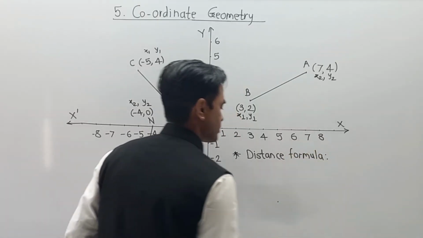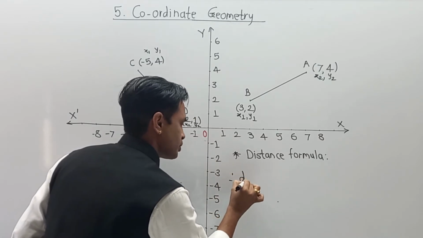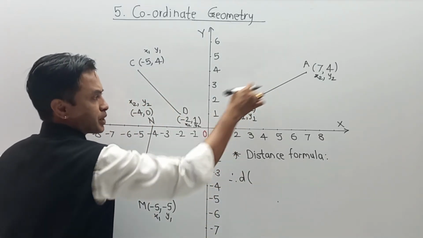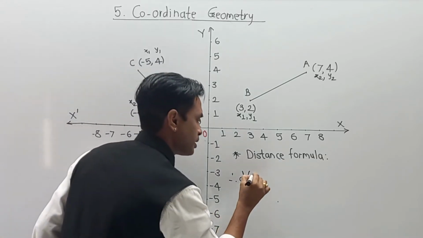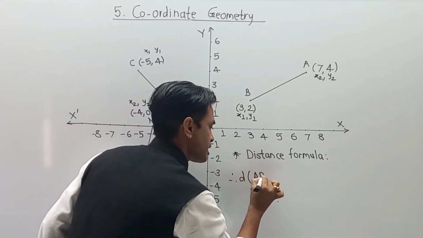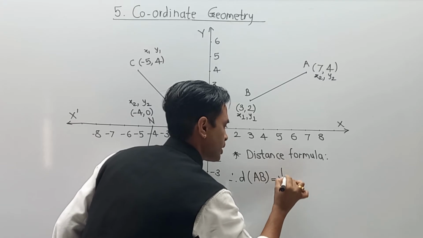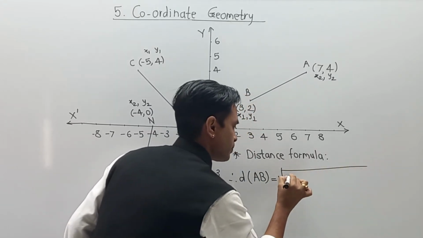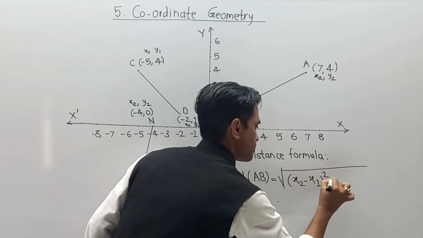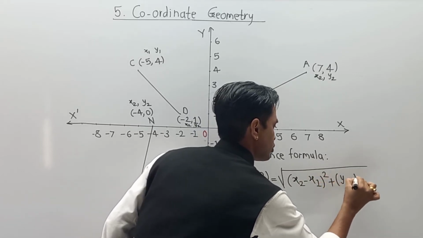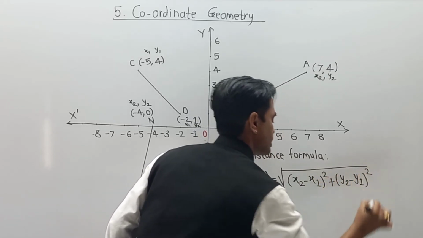Try to understand the distance formula. In the case of the distance formula, the distance between any two points, either AB or CD or MN, is given by, for example, distance AB equals under root of x2 minus x1 bracket square plus y2 minus y1 bracket square.